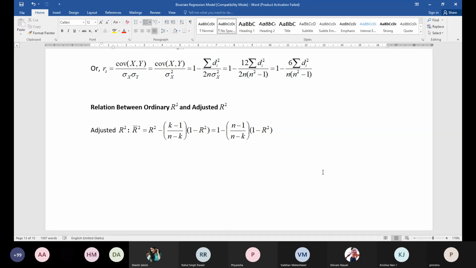That means selecting the right set of variables would be very, very important in regression analysis. So far, we didn't encounter some such problem because we have concentrated only on the bivariate regression model.